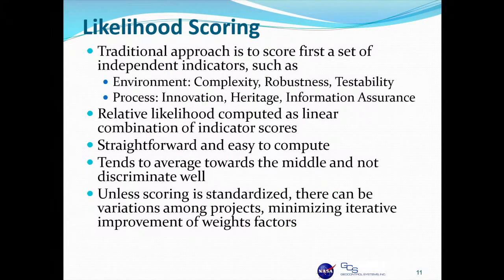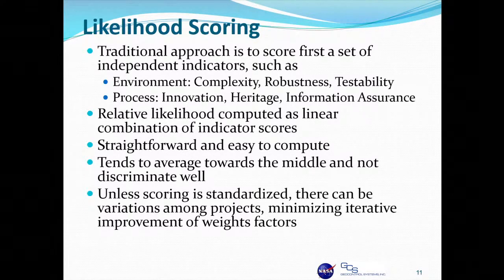The traditional approach to doing the likelihood scoring is to use a set of basically adjectival kinds of characteristics in order to develop a numerical score. So we can divide them. The 6 that are here are the set that are currently being used.